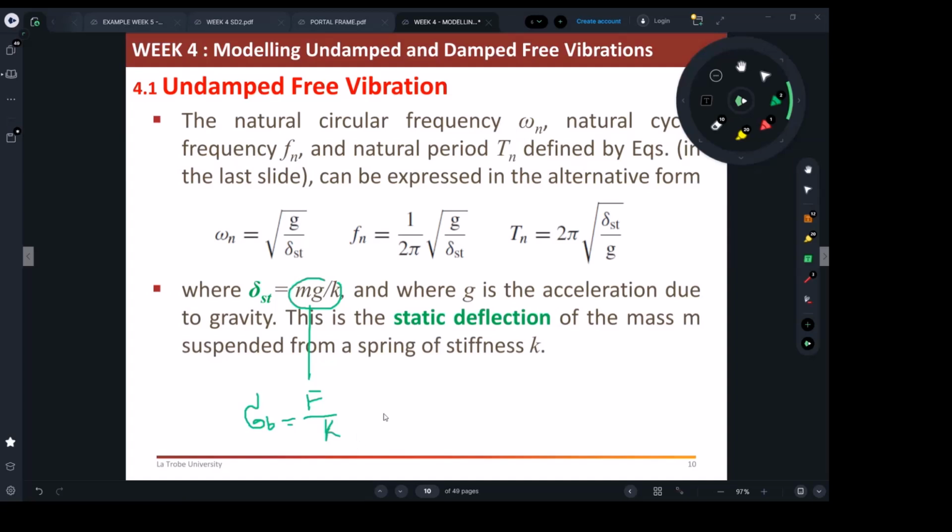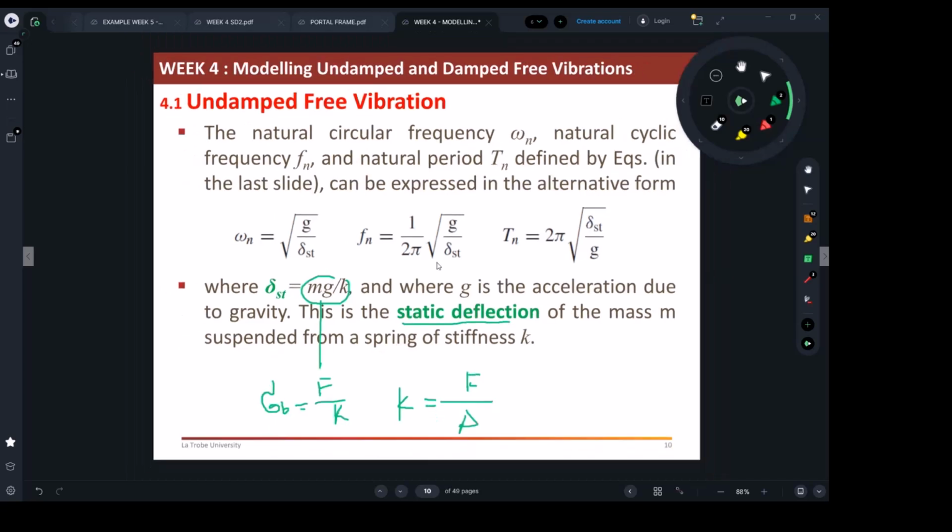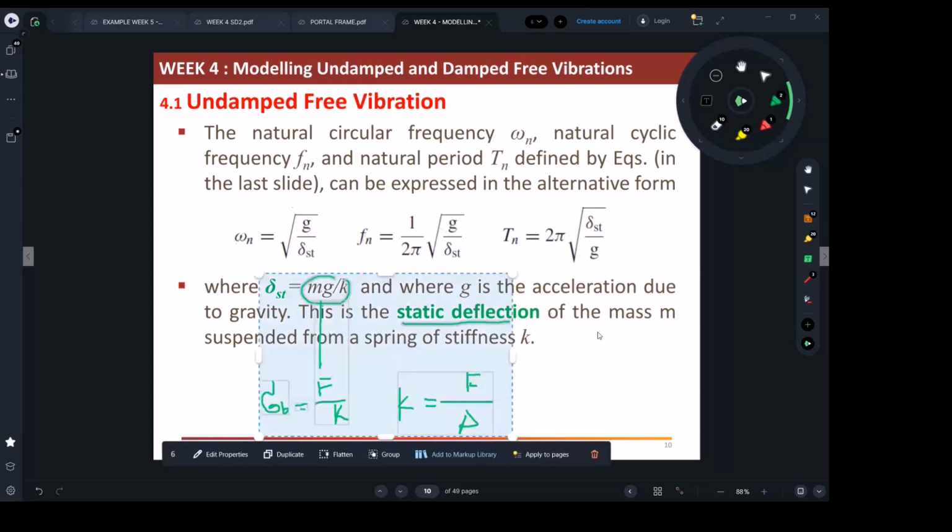Or, stiffness comes from force over displacement, delta. So we're using the same thing, nothing new, in case we are chasing static deformation. We just want to show you this in the notes as it may be employed in some of the problems.